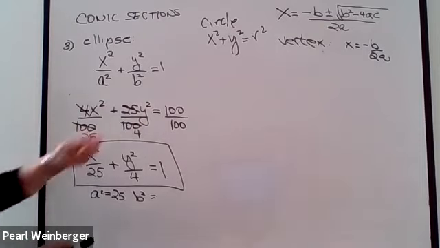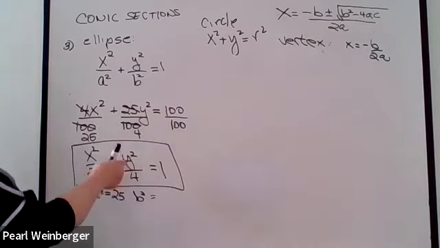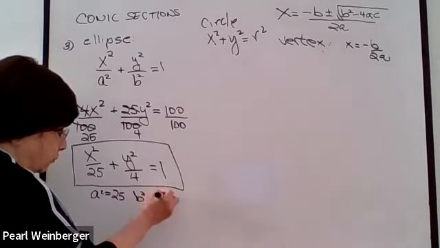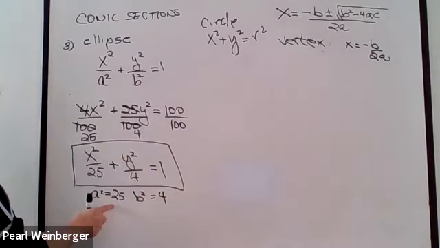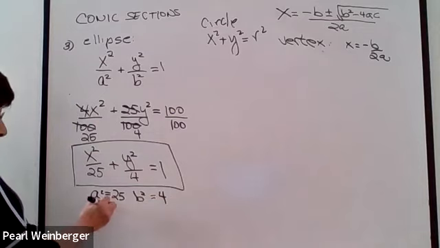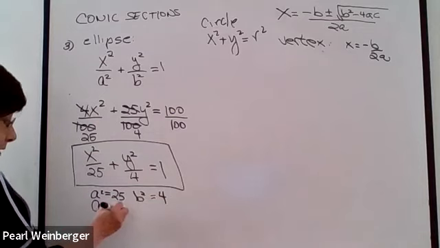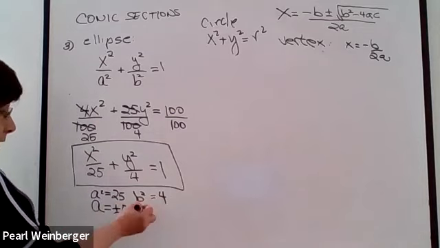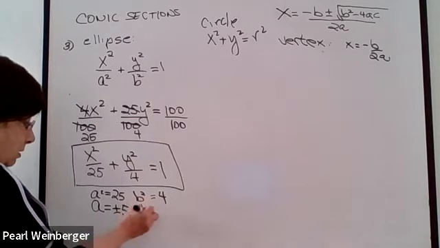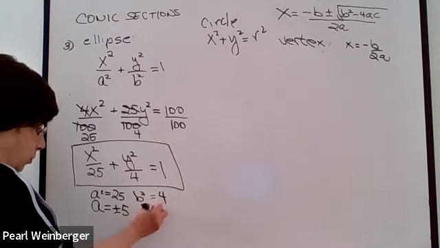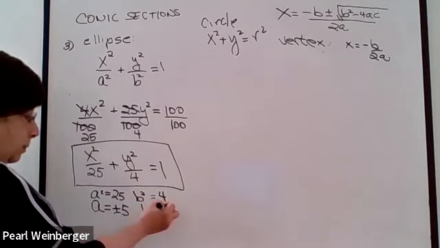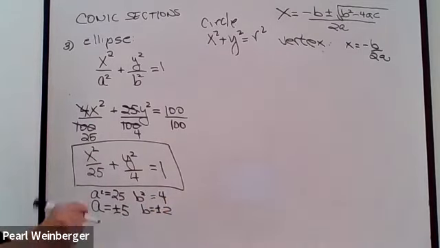It's not in standard form. In this case, the b squared is 4. That means the x-intercepts are plus or minus 5. And the y-intercepts are plus or minus 2.